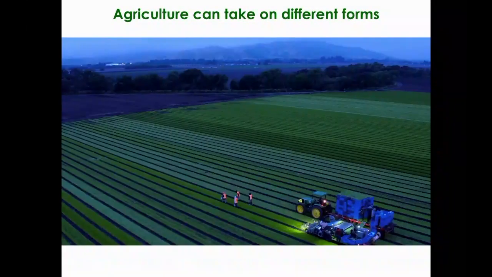Alternatively, cattle farming could look like this, very different, very much more intensive compared to the previous image. Arable cultivation can also come in very different forms and can also be equally intensive.